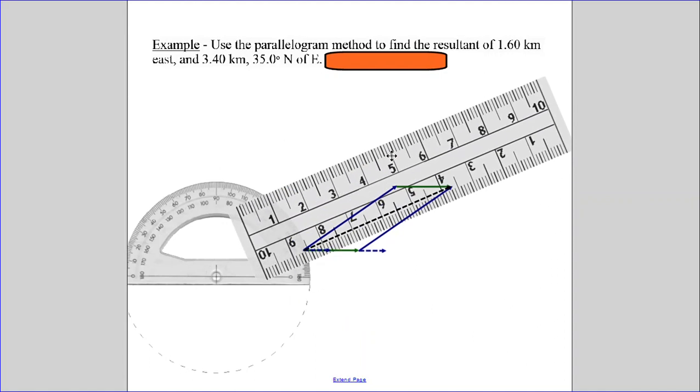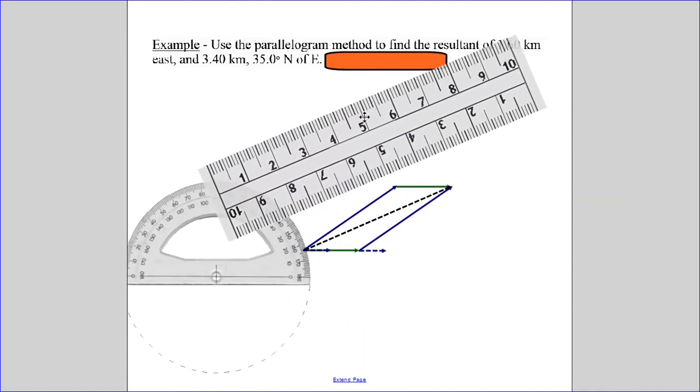So, putting this roughly to scale, I can also use a scale here and say that for every 1 kilometer, I basically have a centimeter. So if I have something that was 4.9 centimeters, that means I've got something that's roughly 4.9 kilometers long.